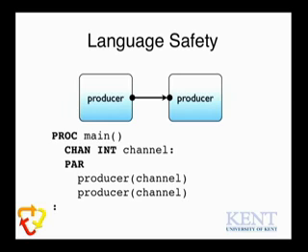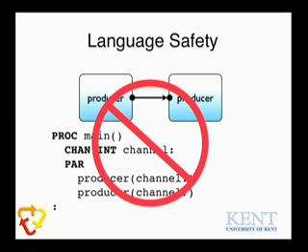And because in Occam the compiler is able to infer how you communicate on these channels, it can detect that you're doing output on both of them. And the compiler can say, no, you cannot compile this because it does not obey the semantics of the occam-pi language. And that's a nice feature, especially for our students who don't have to wrestle with some of the harder problems in concurrency.